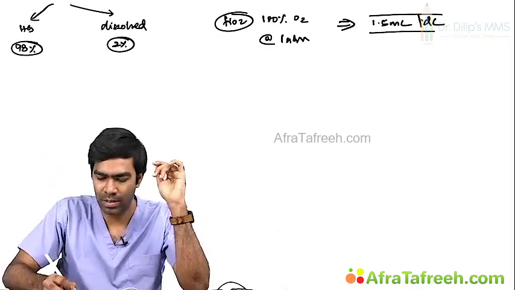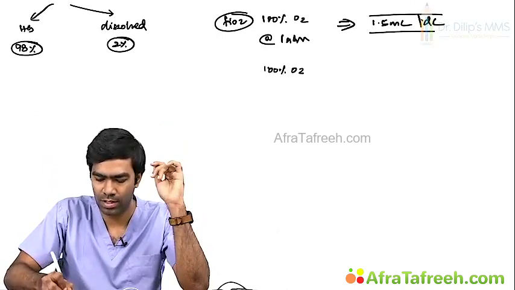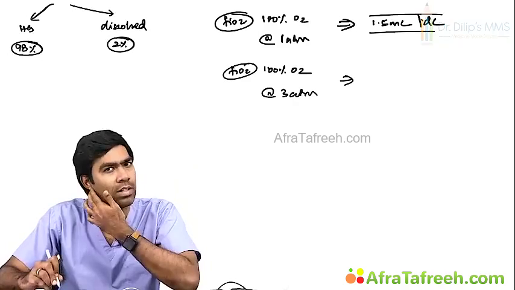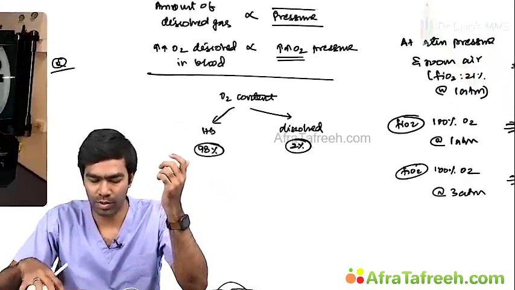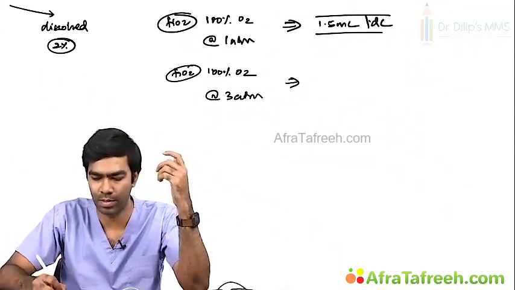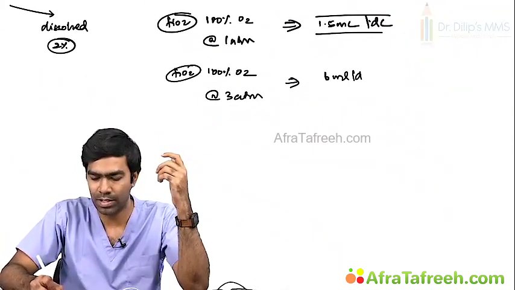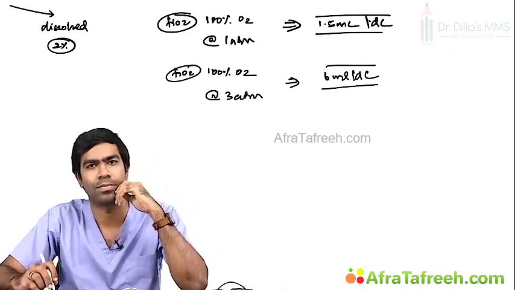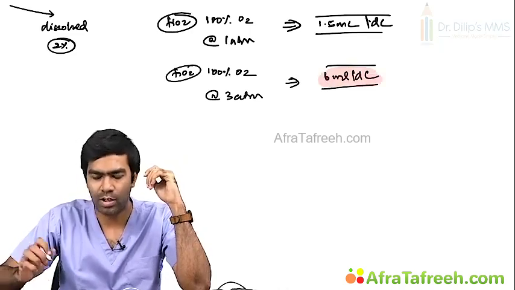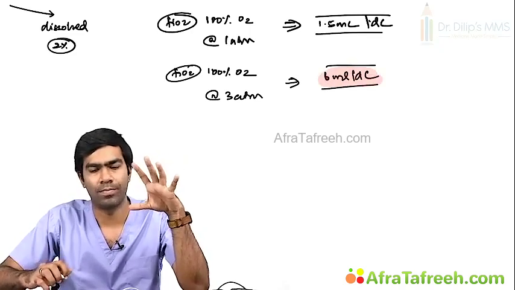Now you are delivering 100% oxygen, FiO2 at 100%, but at 3 atmospheres, at hyperbaric pressure. According to Henry's law, because the pressure is increasing, dissolved oxygen should increase. Now it becomes 6 ml per deciliter according to the calculation. So you are increasing the content of O2 in the blood overall.